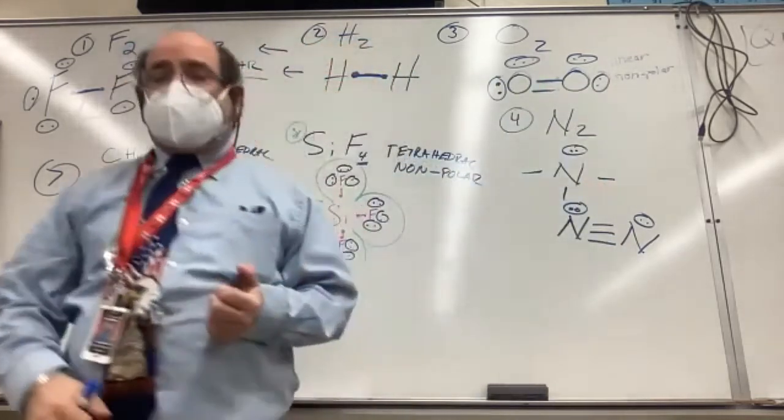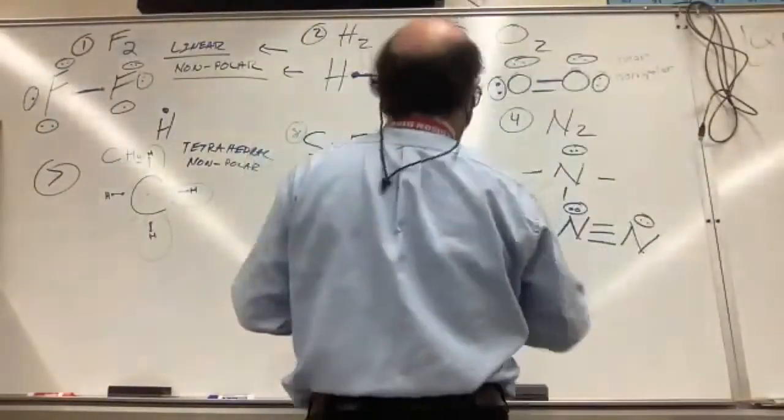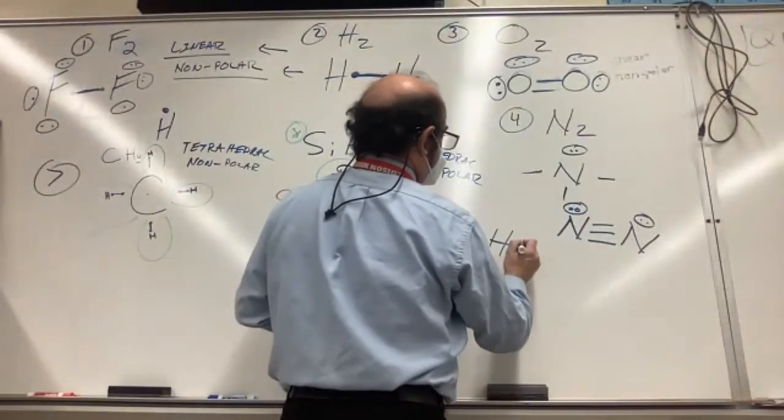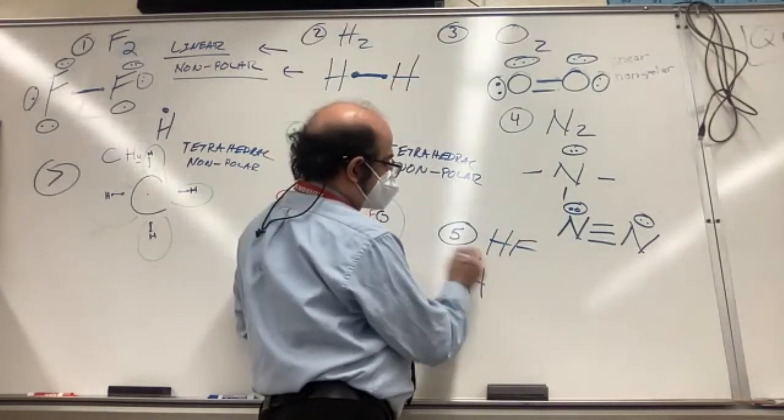But Mr. G, can you have linear that's polar? Yes, that's the next question. Number 5. I'll do it over here. HF. H is easy, 1 dot.